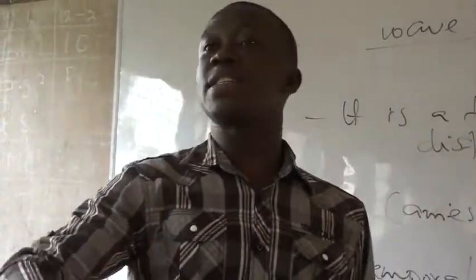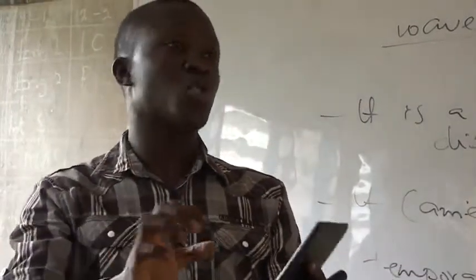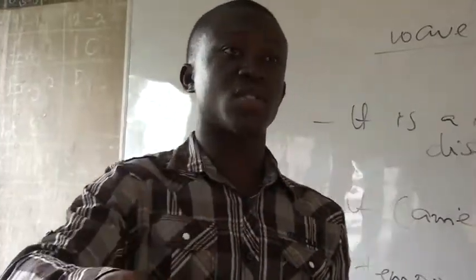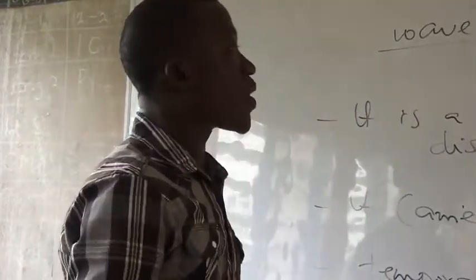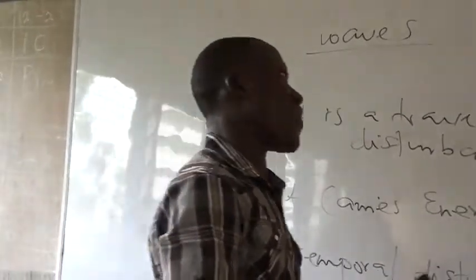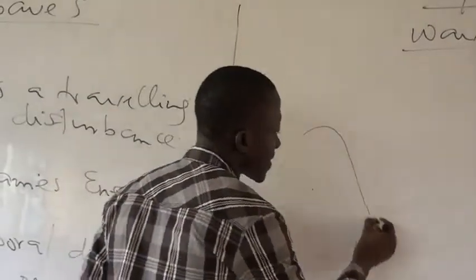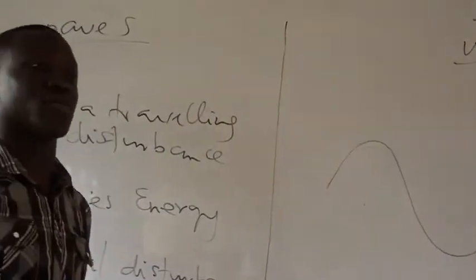Each particle will experience a vibration. And then the total vibratory motion of all the particles is what will constitute how the medium behaves. So, for example, if I am to draw a wave that occurs on water, I will see something like this as a water wave.